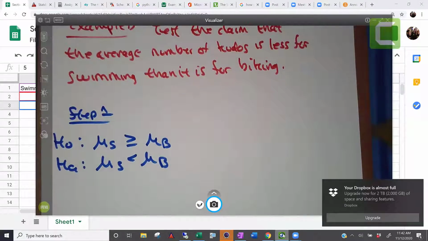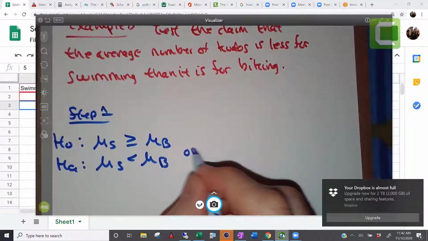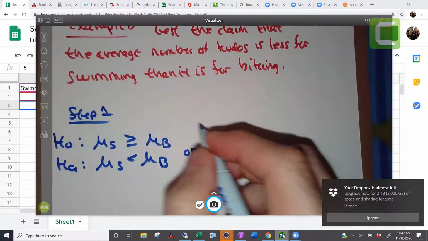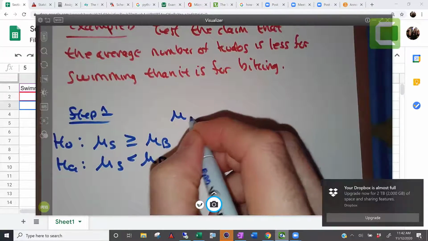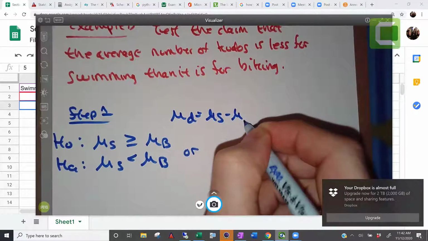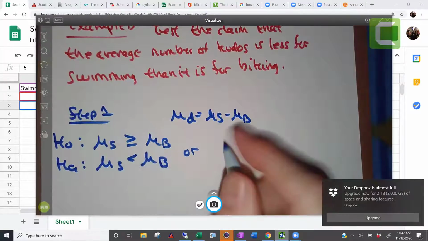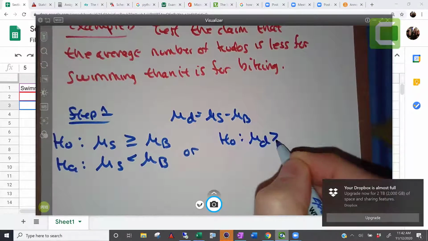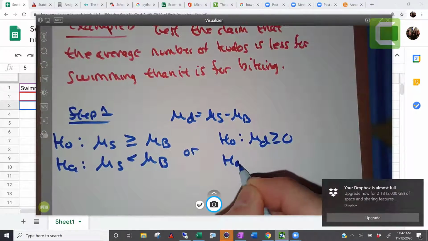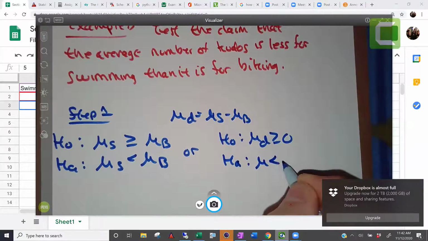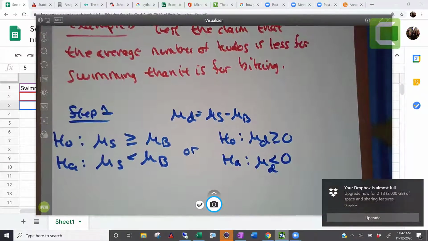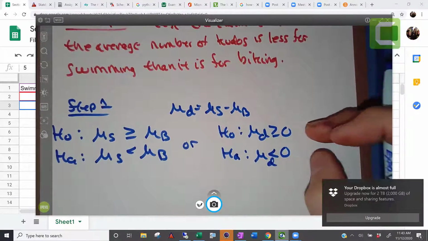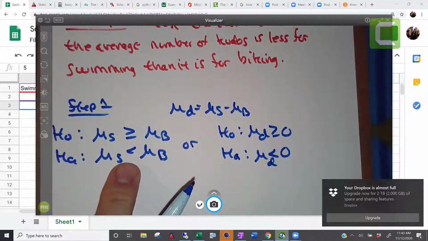Now, if you rearrange these, if I subtract swimming minus biking, let's do mu sub D equals mu sub S minus mu sub B. Then equivalently, this is going to be mu sub D is greater than or equal to 0, and mu sub D is less than 0, the alternative hypothesis. It's equivalent to testing this.